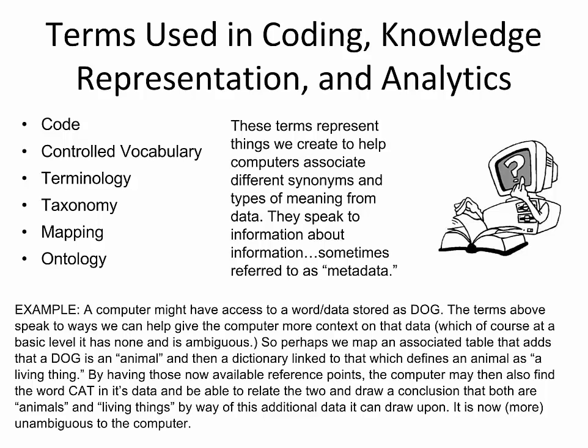By having those now available reference points, the computer may then also find the word cat in its data and be able to relate the two and draw a conclusion that both are animals and living things. By way of this additional data it can draw upon, it is now more unambiguous to the computer.